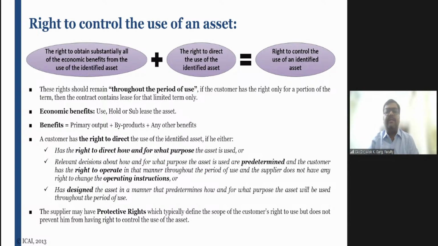Then Shruti explains, sir, who is telling how this asset has to be used and for what purpose this asset has to be used? The accounts manager responds, madam, the lessor has given us this asset for the purpose of production of X product.